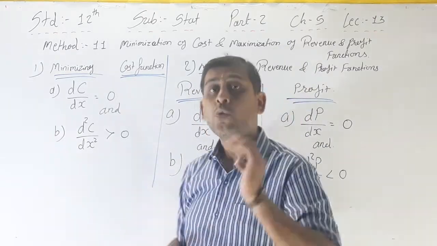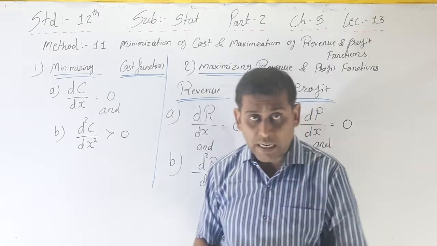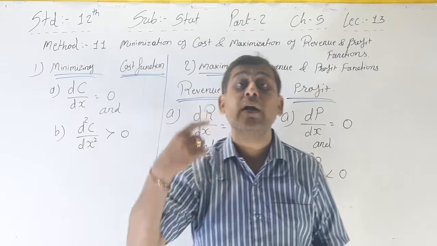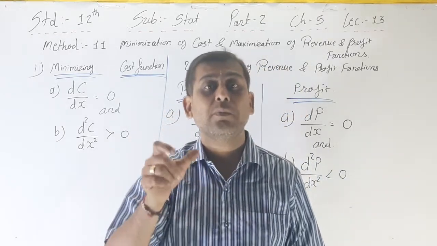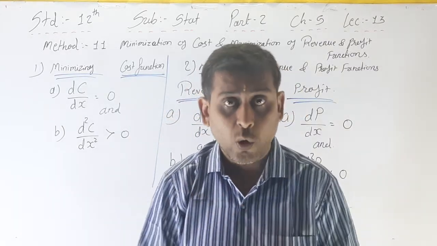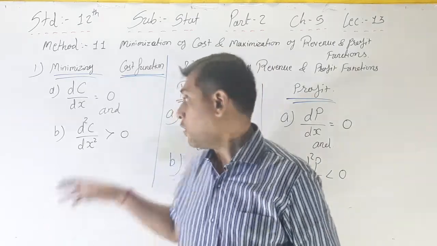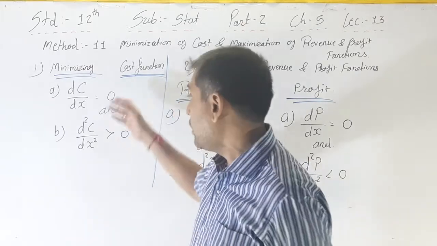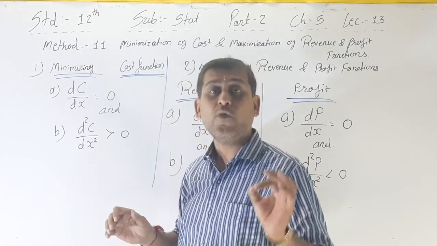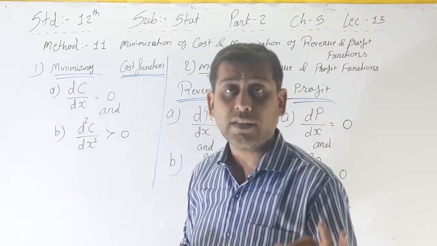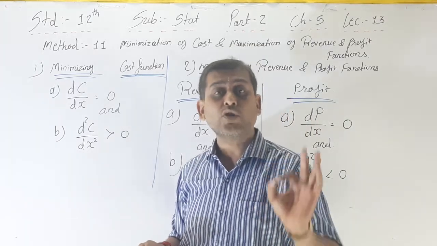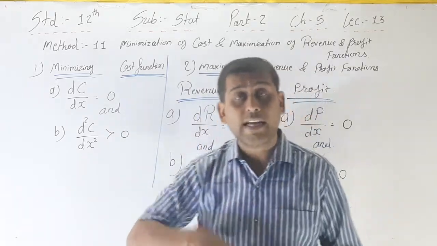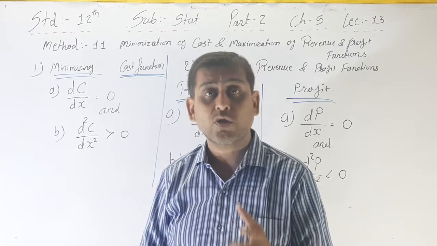Then put that particular X value in the original cost function, and then you can find the minimum cost. So for the first question, how many units you have to produce for minimum cost, you have to apply these two steps.